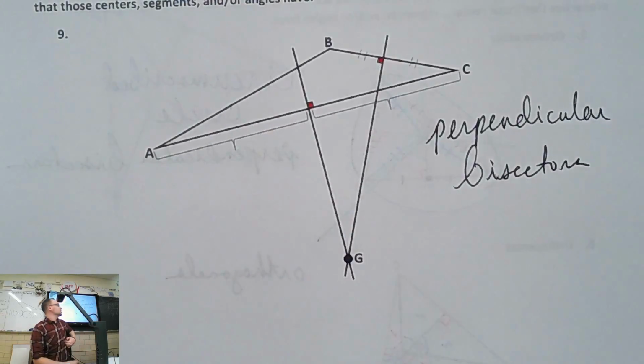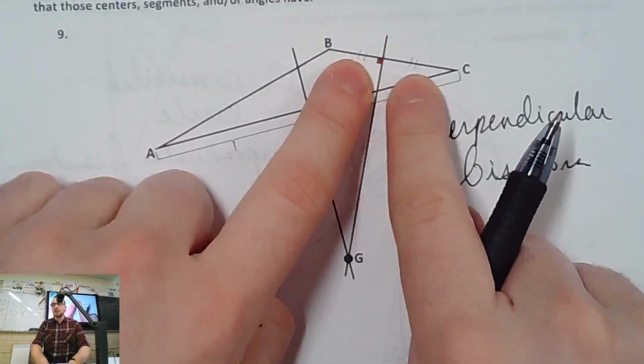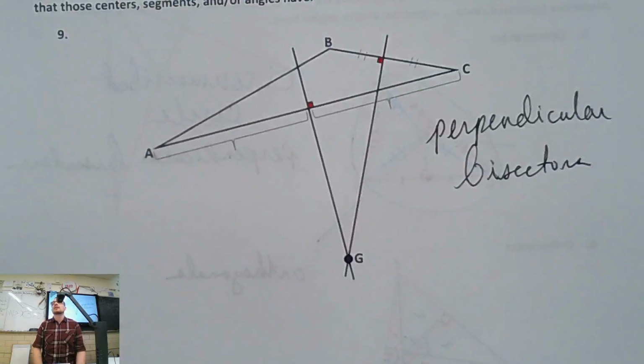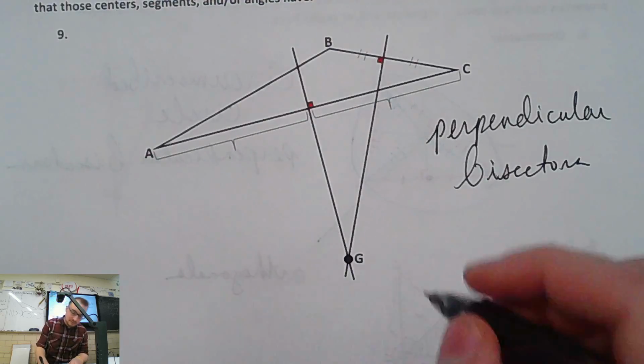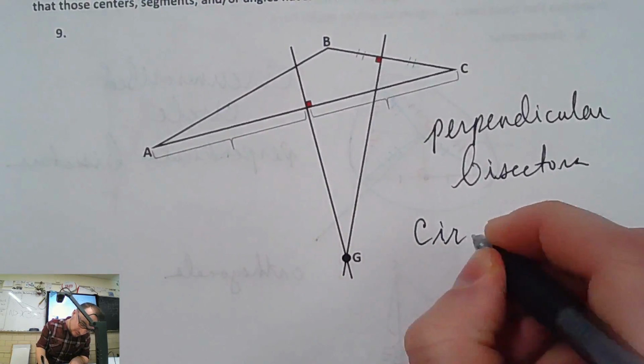Now, they are because they're perpendicular and they bisect the side. What's the center of the perpendicular bisectors? What center is that? Obtuse. That's not a center name. That's a triangle name. Circumcenter. Yep. So G must be the circumcenter.